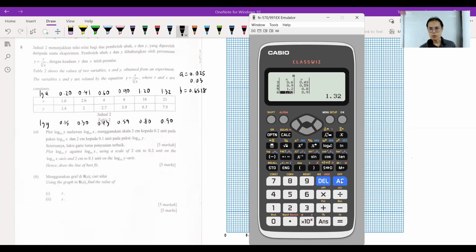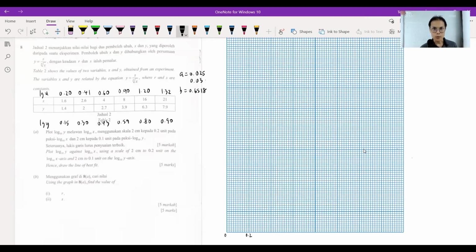So I know that if you use your graph, you should get this as your y-intercept and this as your gradient, around 0.65. Okay, so let's just take 0.4, 0.6, 0.8, 1.0, 1.2, 1.4. Now we don't need more than that because the largest value I have is 1.32. Okay, I'm going to draw my horizontal axis here.